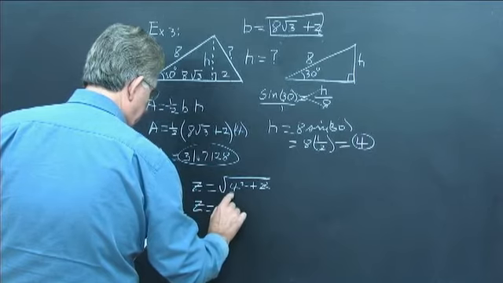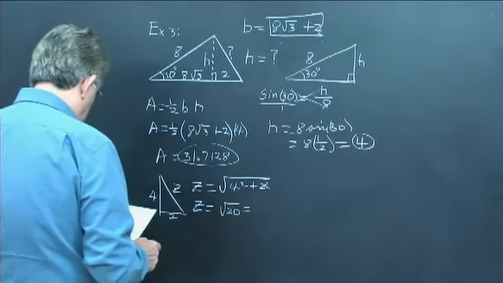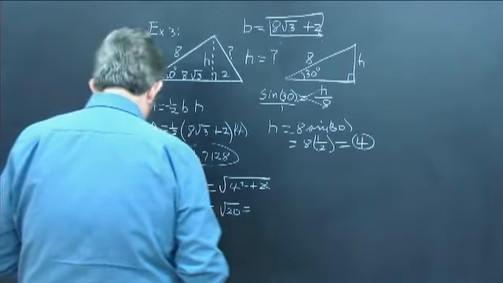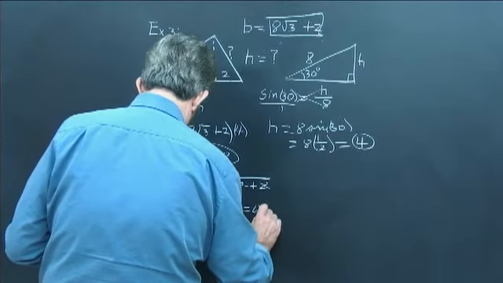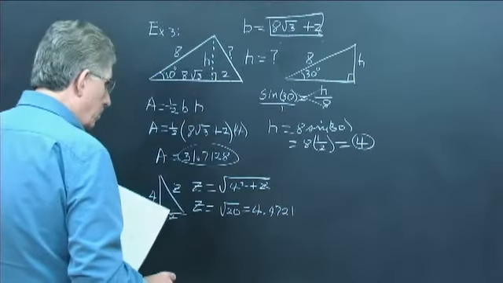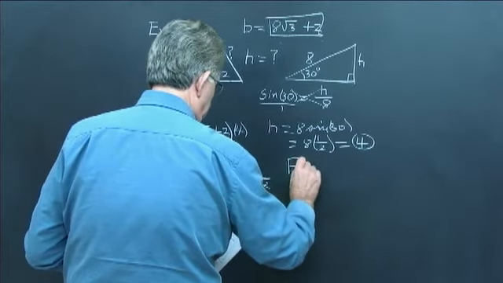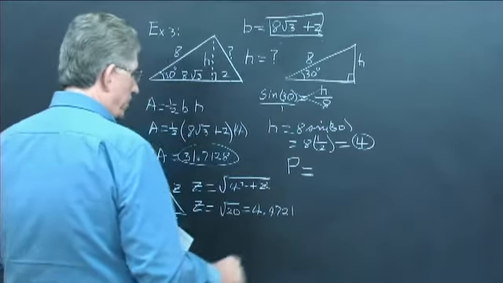And so that's 16 plus 4 is 20. And so the square root of 20, put that on your calculator and you'll find that it's 4.4721.